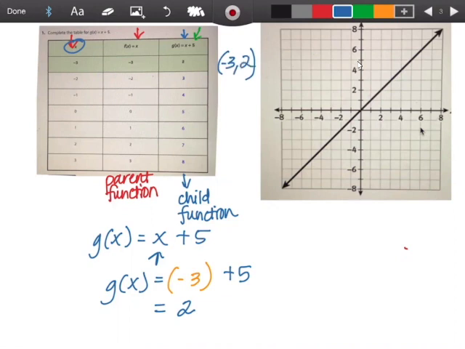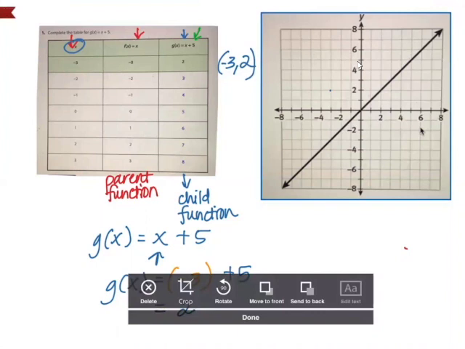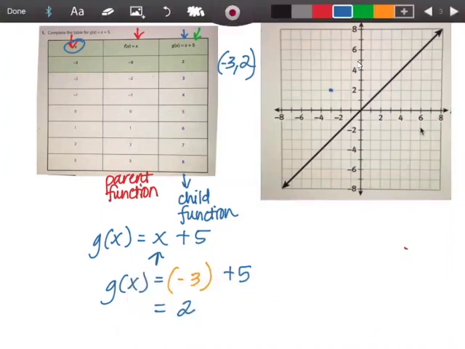All right, so now I'm going to go ahead and plot that on my graph over here. So I'm going to go over to -3 up to 2, and I'm going to put a point here. Okay. And then my next plotted point is -2, comma 3. And then we would just keep going. -1, comma 4.